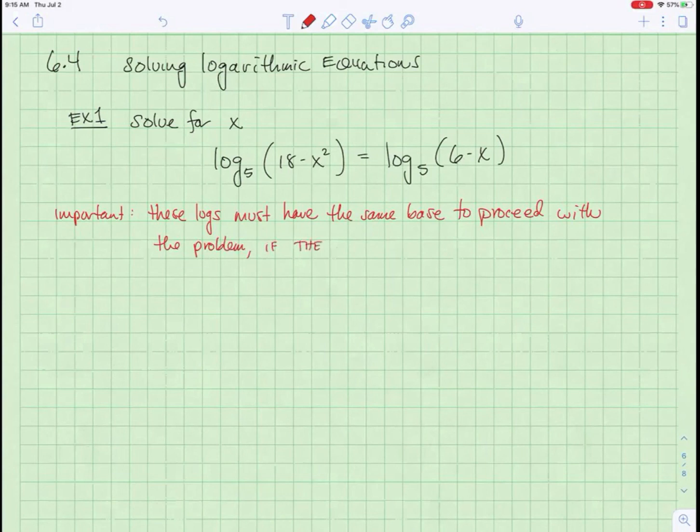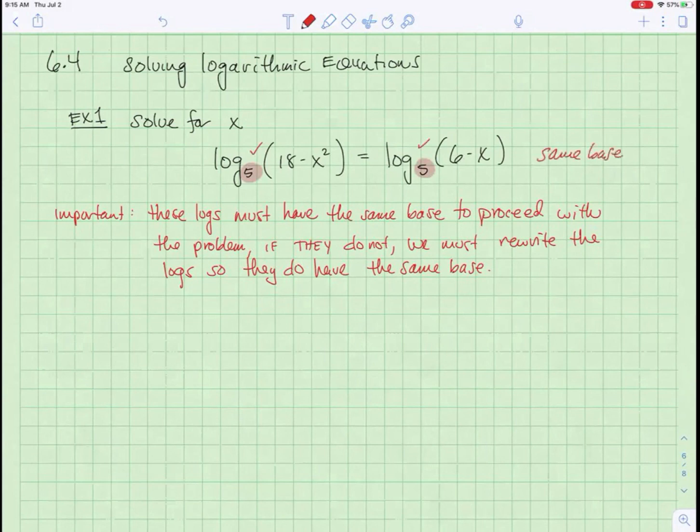If they do not, we must rewrite the logs so they do have the same base. Now, in this particular case, we have the same base. So we can proceed. Now, there's a couple of different ways that we can go here.